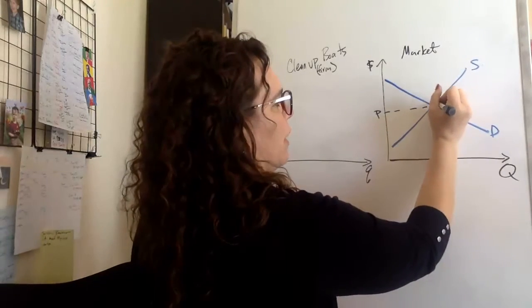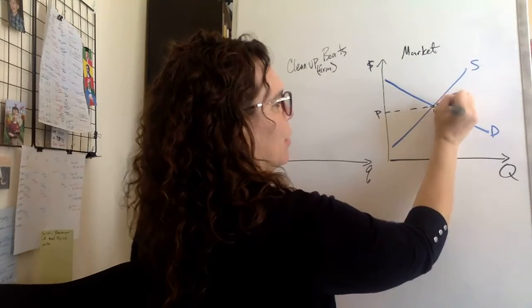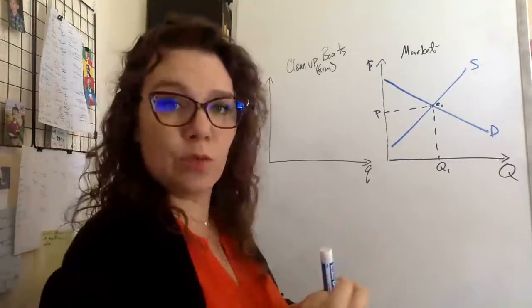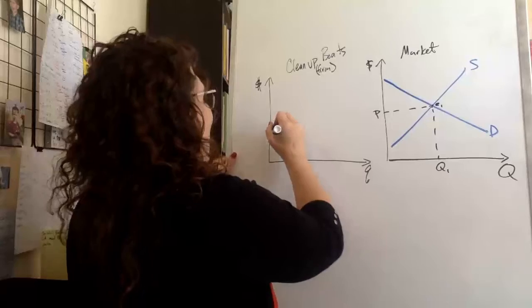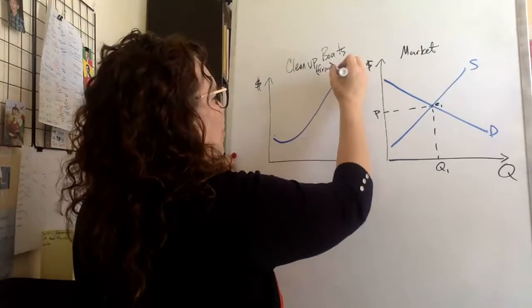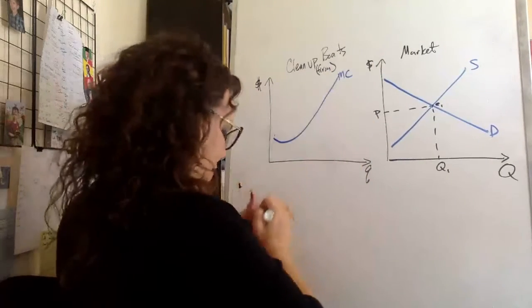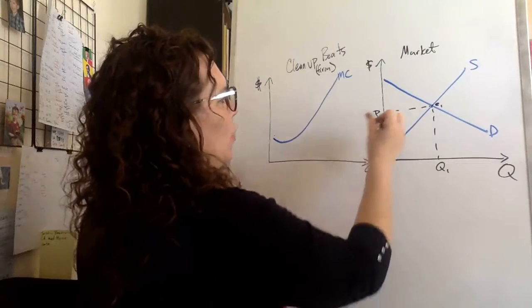The book, or My Econ Lab, is big on labeling the equilibria, in case you forget where an equilibrium is. And then over here we have some marginal cost curve for the individual firm. They're going to face that market price of P1.